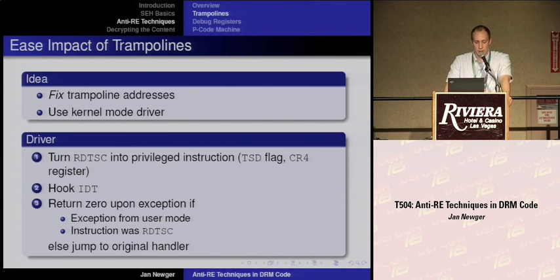We could then disable the randomization by just returning 0 if we come from user mode and if the instruction actually was RDTSC. So we need to disassemble the memory where the instruction caused the general protection fault. In all other cases, we just jump to the original handler.